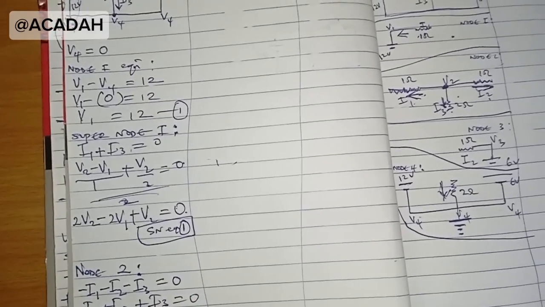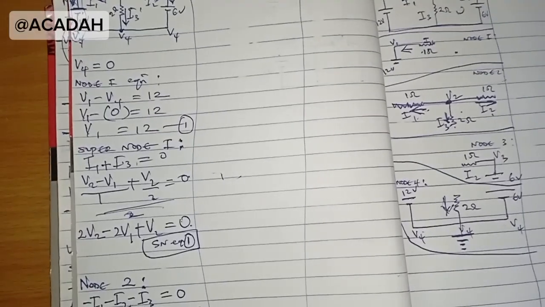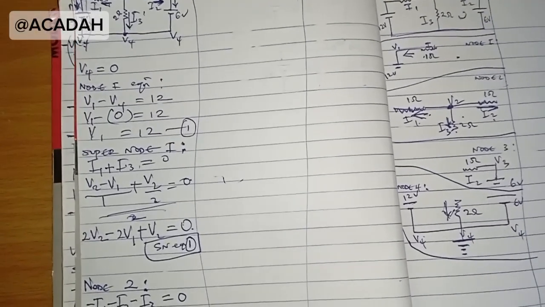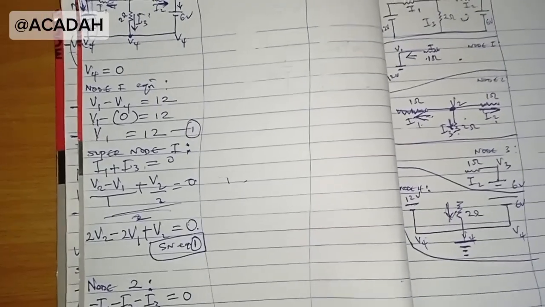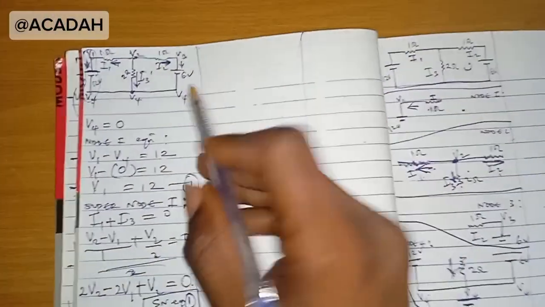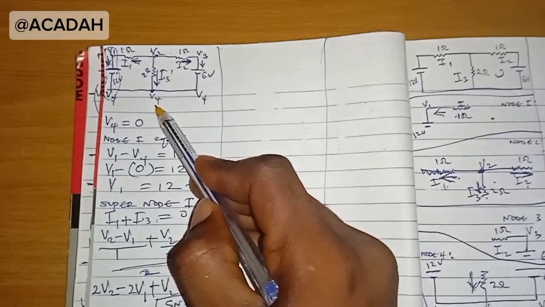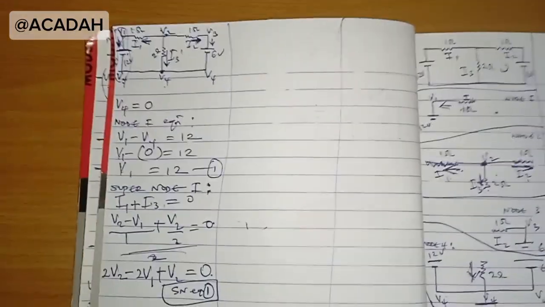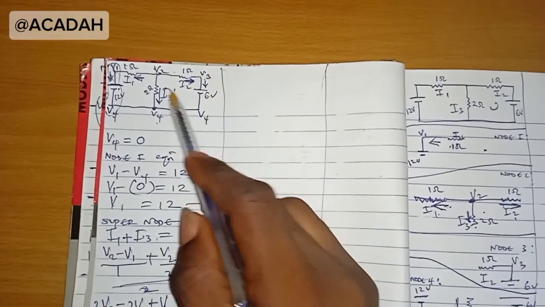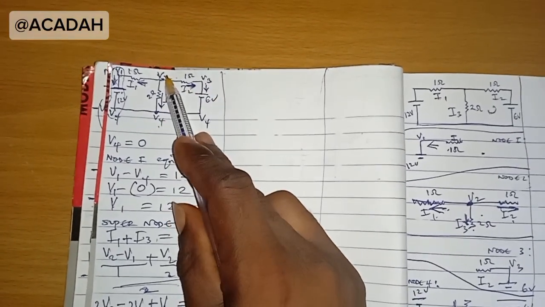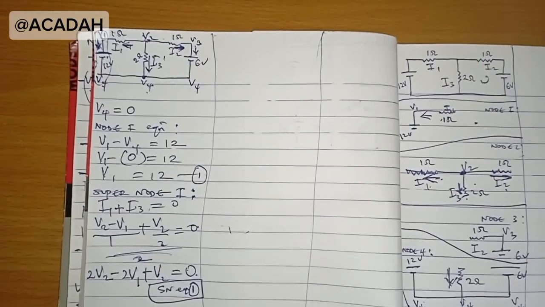Do it well. I1, we've already gotten it to be V2 minus V1, since it is in between V2 and V1, and the resistance there is 1. Plus V2 over 2 for I3, because I3 is between V2 and V4, so V2 minus V4, and V4 is 0.